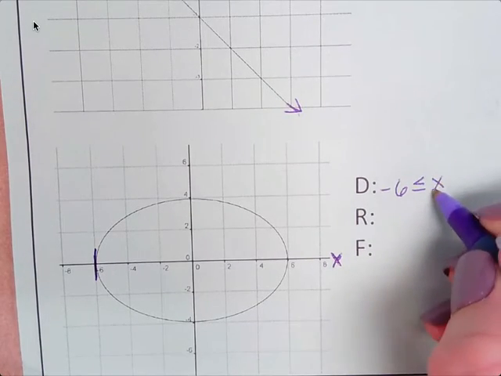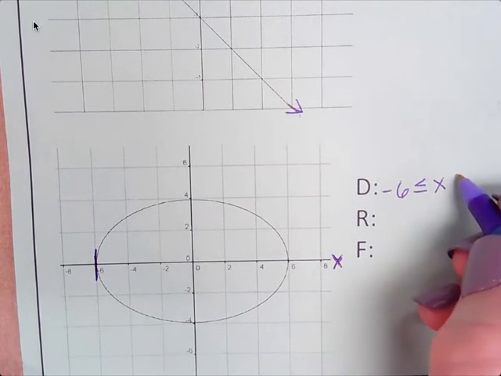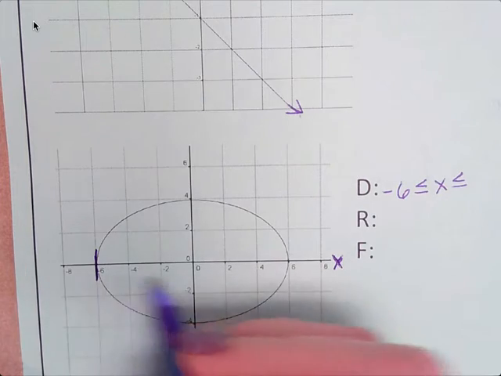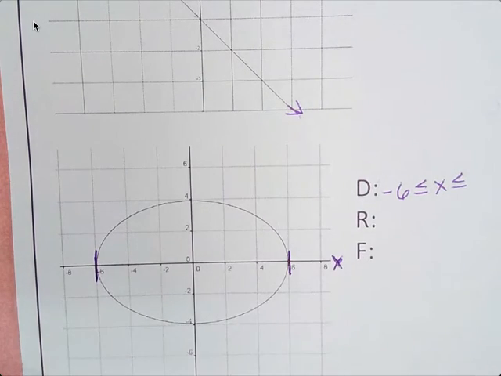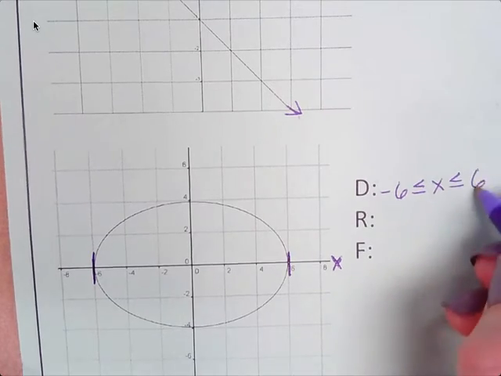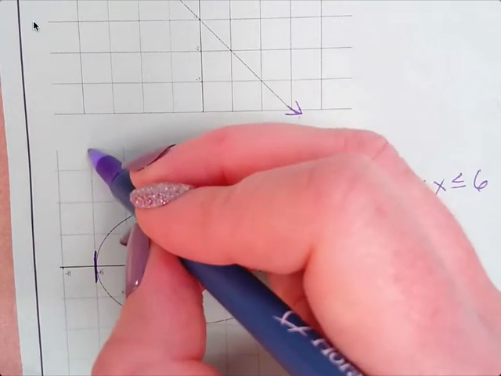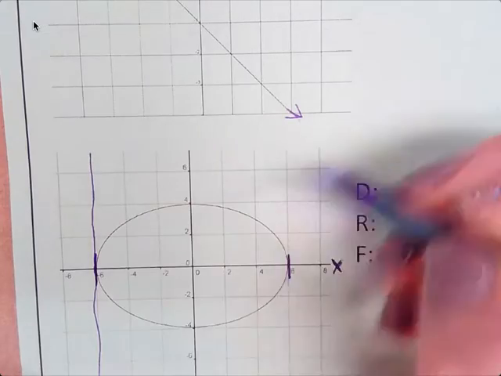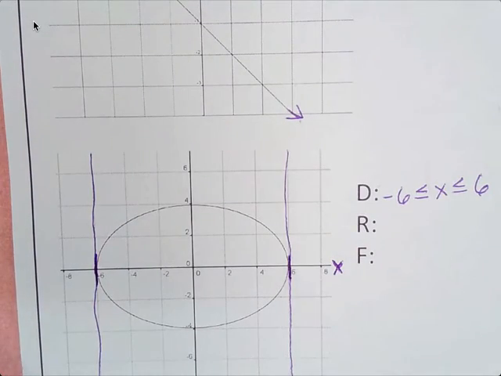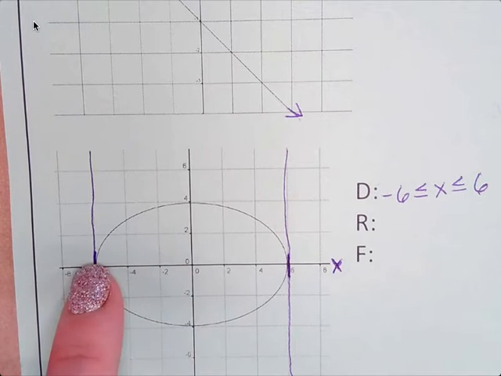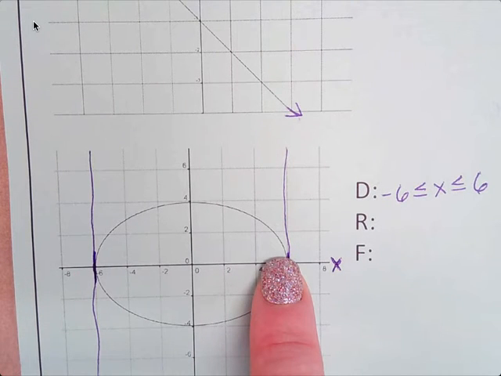Domain is x, so we put x. Then we put another less than or equal to. How far right will it go? What's the max on the x values? 6. So I could draw these lines. So we only need x values from -6 to 6.